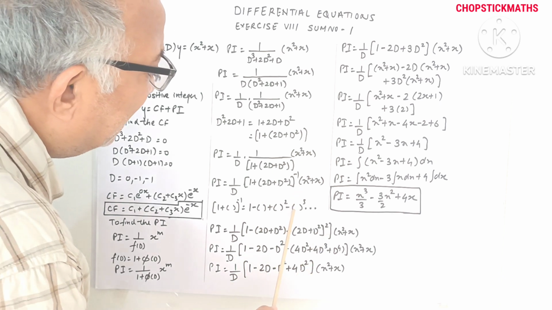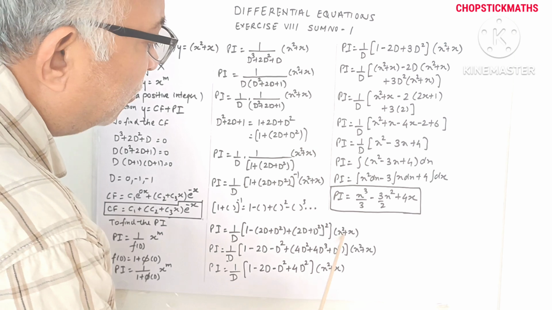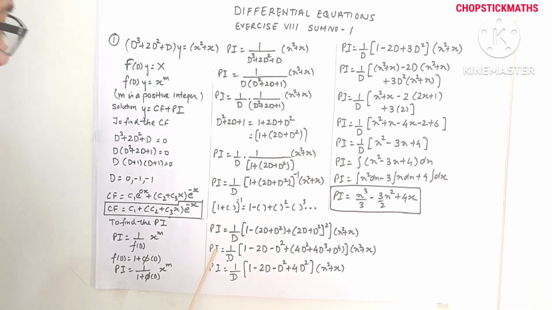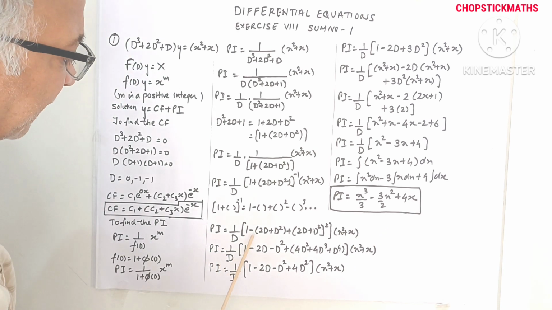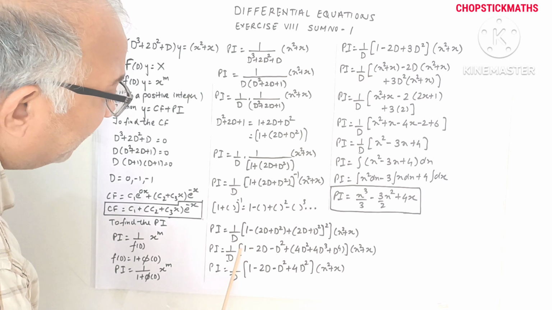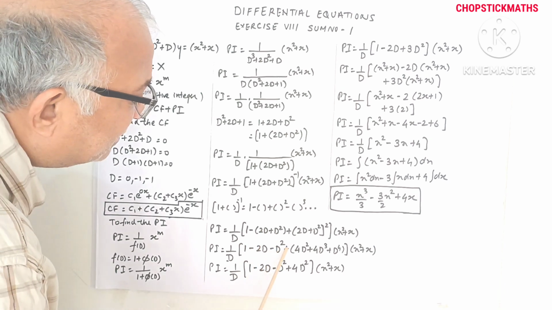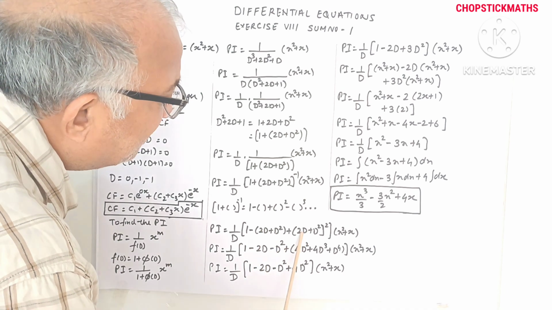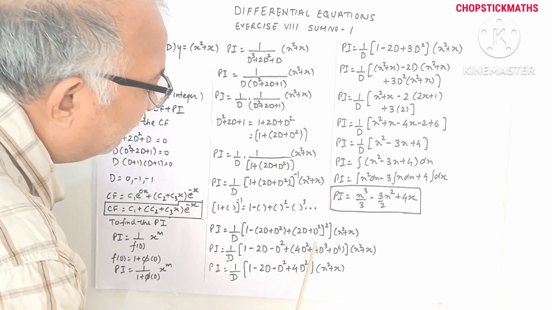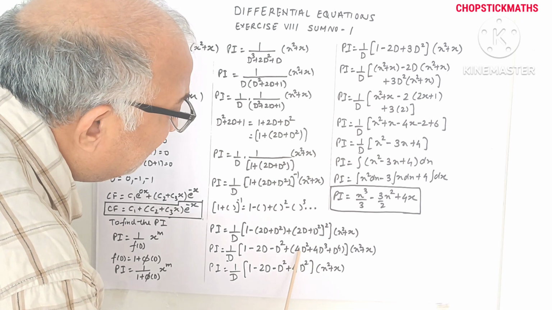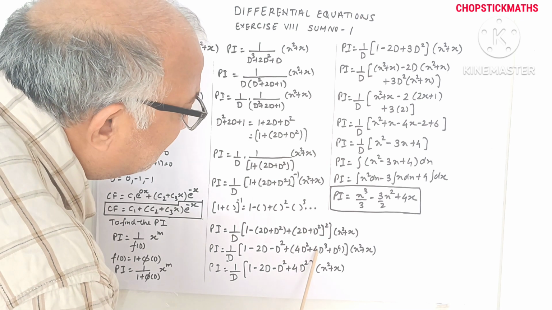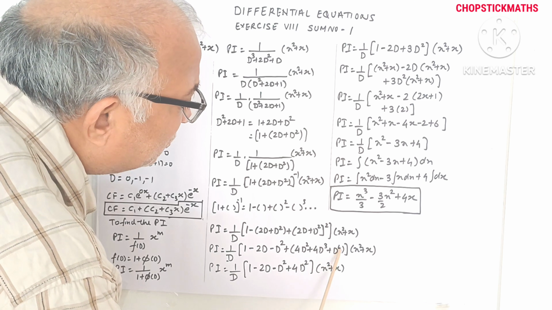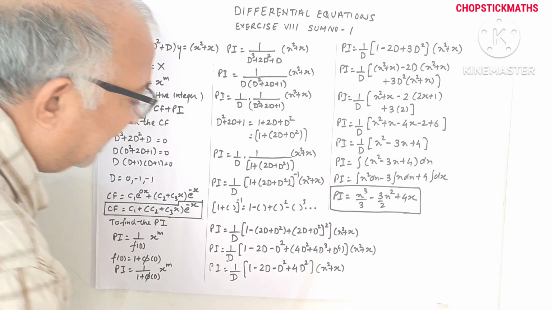Now we will neglect the higher powers, into (x square plus x). So PI is 1 upon D into bracket. Let us open this bracket. 1 minus 2D minus D square plus, we will expand this using the (a plus b) the whole square formula, plus 4D square plus 4D cube plus D raised to 4, into (x square plus x).